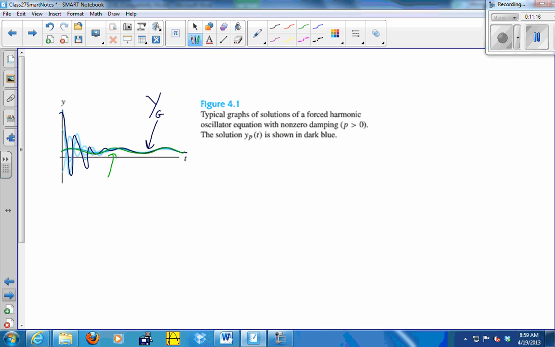This one in green is Y particular. Yeah, that's a good question. So, is there more than one Y particular?